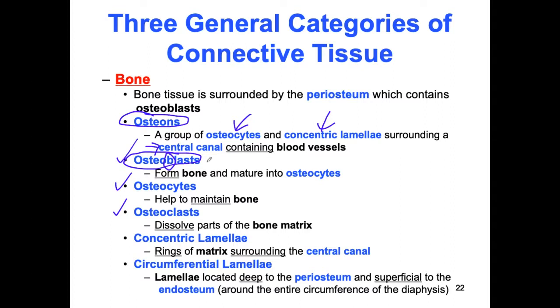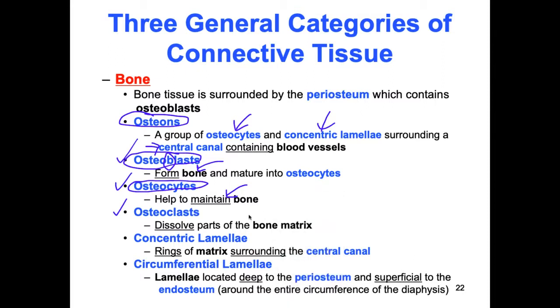And when it does, the osteoblast gets trapped in its own matrix, and it now becomes a mature cell called an osteocyte. So the osteoblast forms the bone, and then it evolves into an osteocyte that just maintains the bone.